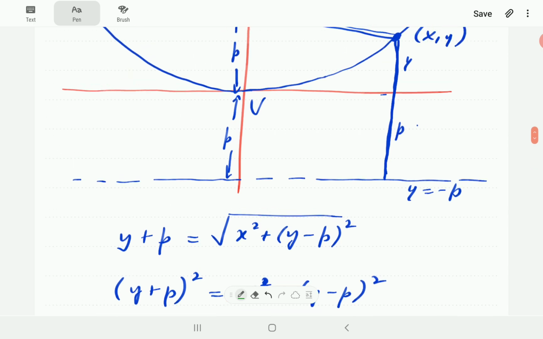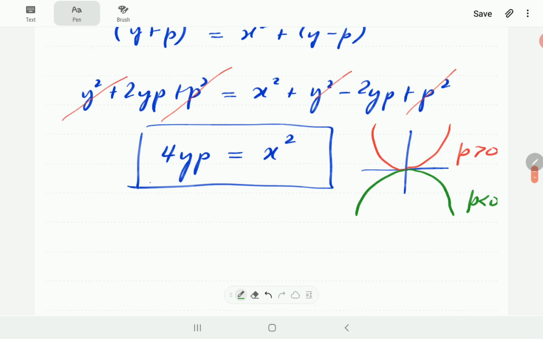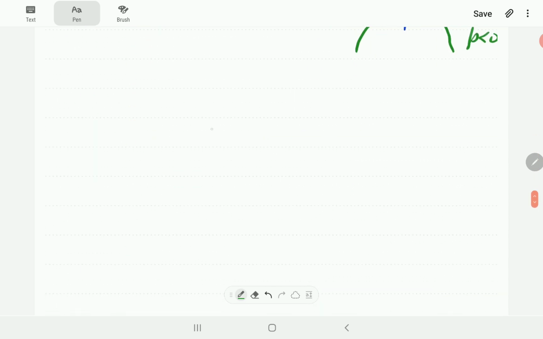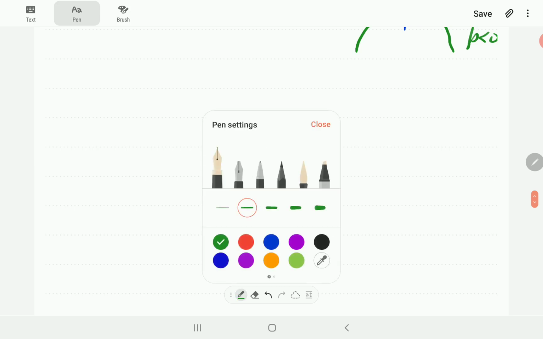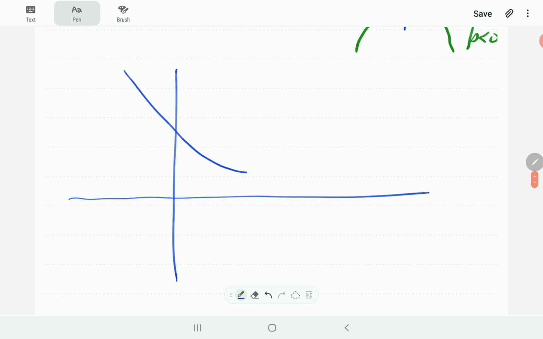Now we're going to take the case where the parabola has its vertex at a point different from the origin. Suppose the vertex is at (h, k), with everything else still similar.